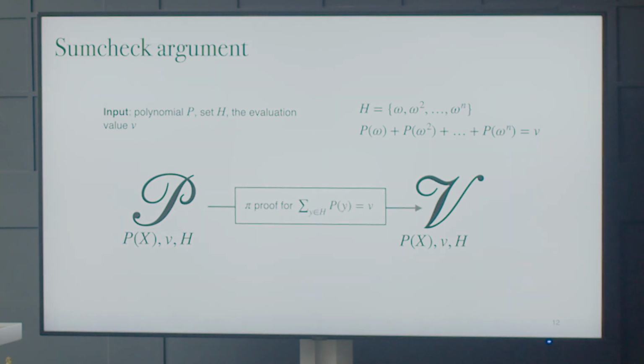A sum-check argument is basically an argument for that to be true.